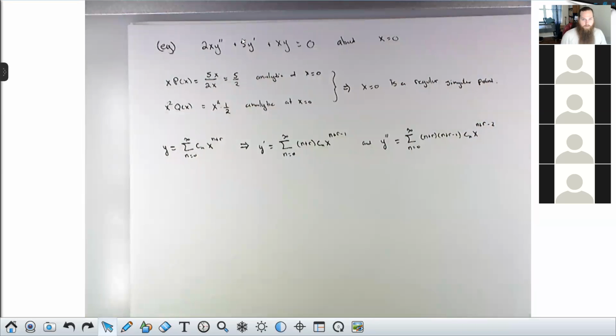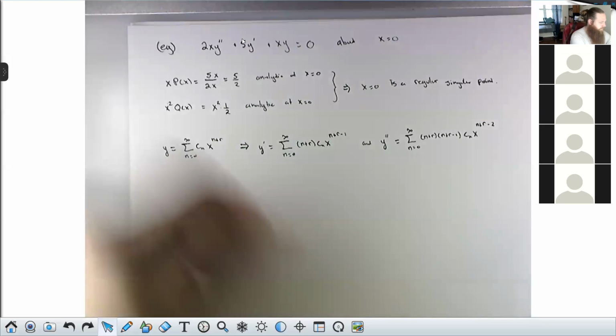And then we'll build the ODE, factor out x to the r, combine our series, pull out terms, solve the initial equation, find our recursions, 2 of them, each corresponding to the various values of r, and then find the coefficients. So now we build.